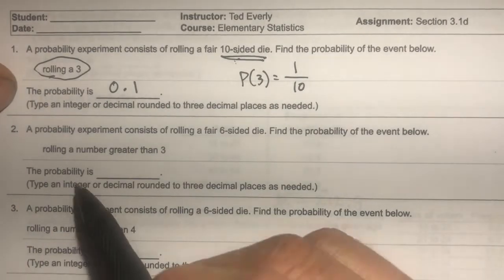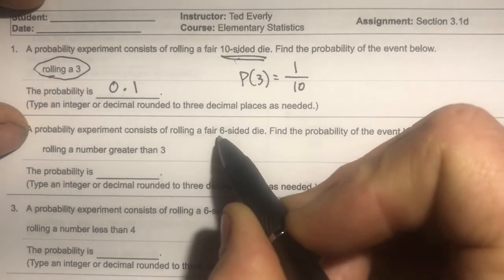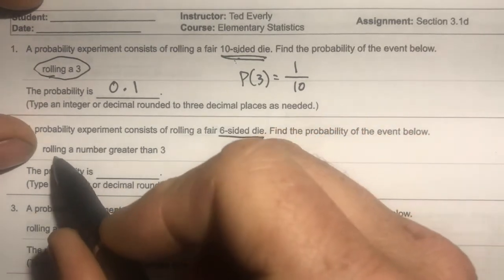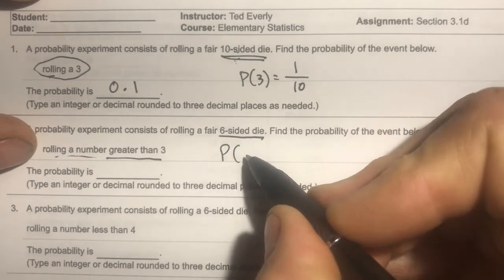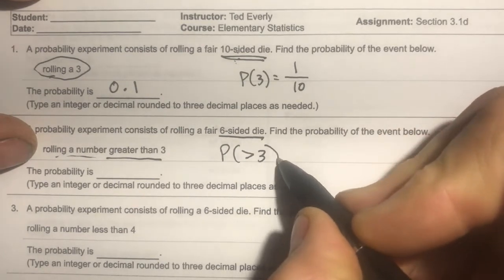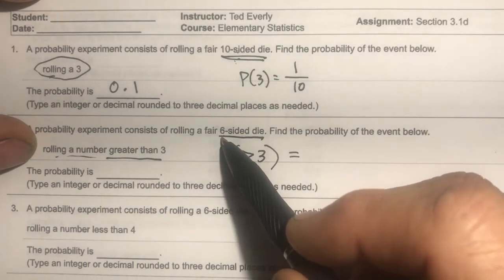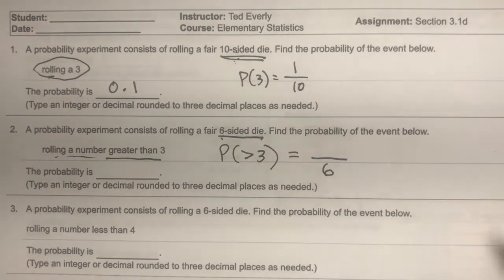Number 2. A probability experiment consists of rolling a fair 6-sided die. Find the probability of the event below. Rolling a number greater than 3. All right, so it's a 6-sided die. That means in the bottom here we have 6 total possibilities.